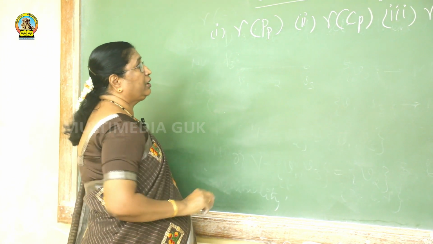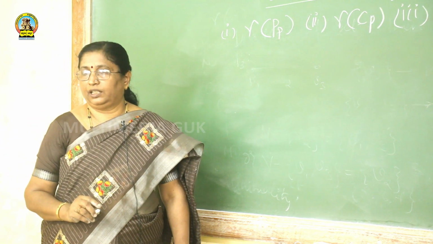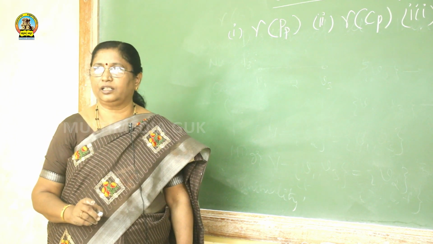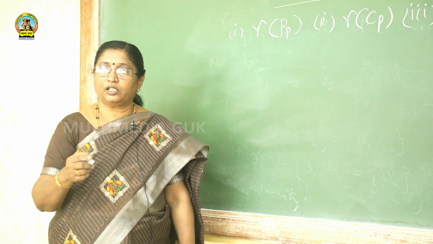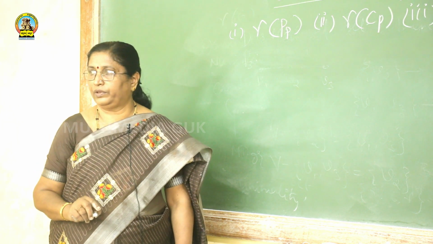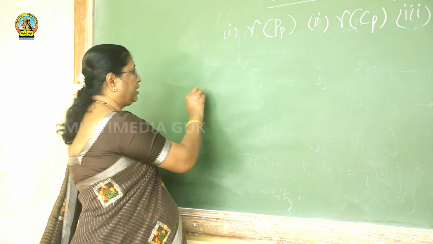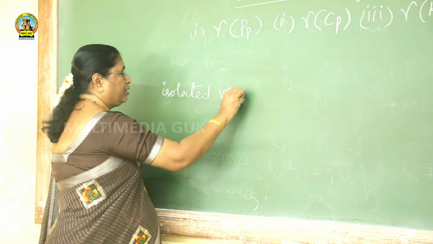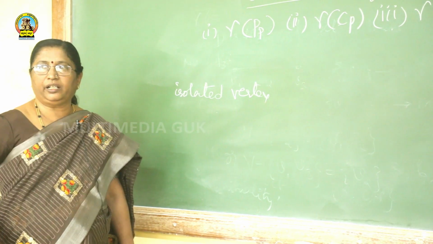And the one thing here you have to notice is that for a trivial graph, or we say a graph with an isolated vertex, you know that its degree is 0. And we say that it is dominating itself. So if the graph is having an isolated vertex, it is said to be dominating itself.